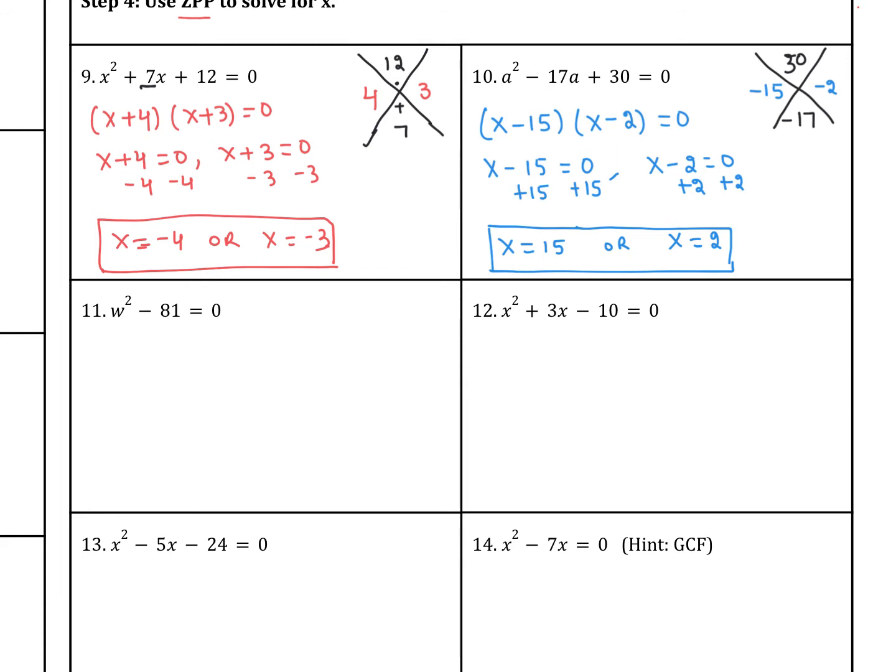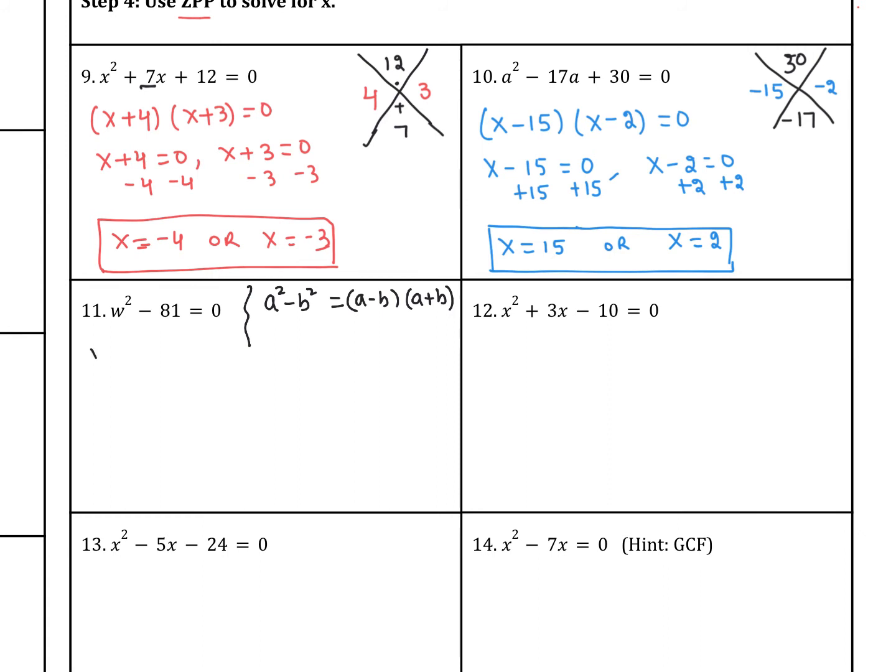Now for number 11, it is given as w squared minus 81 equals 0. You can make a cross if you like, although the middle term is 0, whereas the c is given as 81. You can solve this by using the formula that we learned: a squared minus b squared equals a minus b times a plus b.